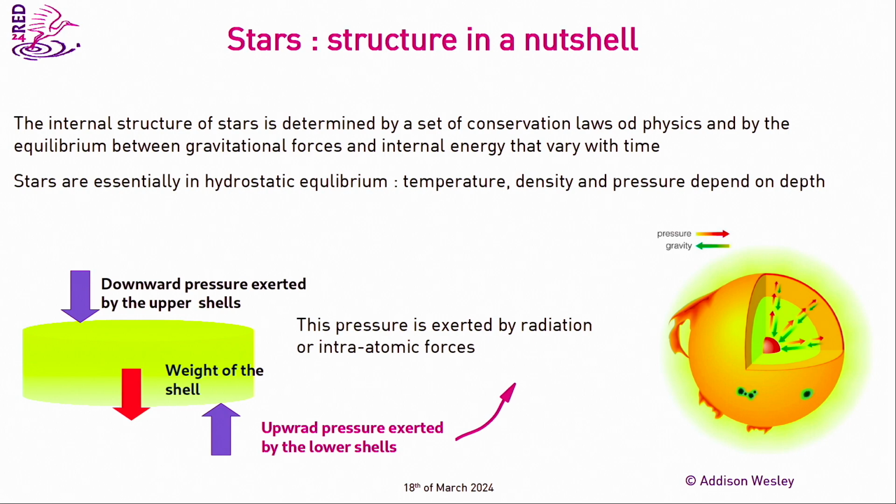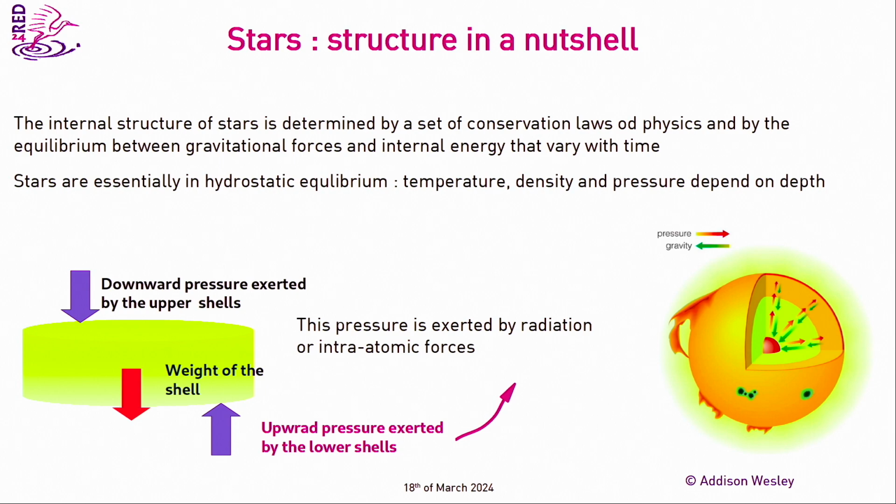The laws are conservation of momentum, conservation of energy, conservation of matter, and the equation of continuity. And when you solve these equations, it gives you the structure of a star.